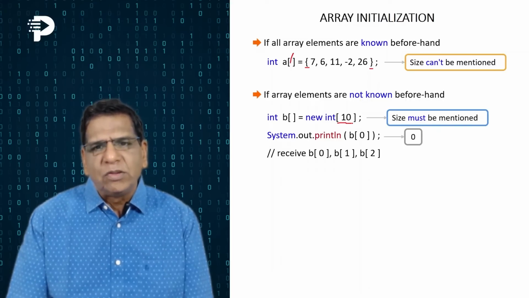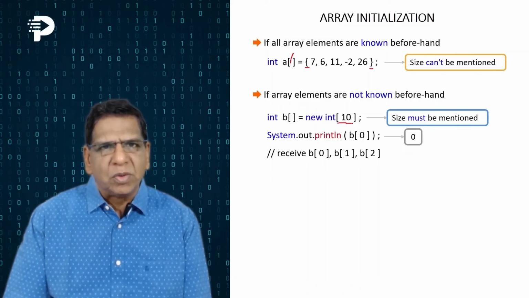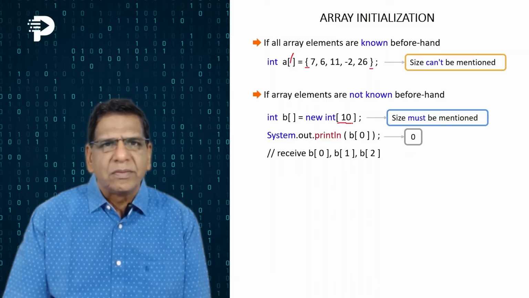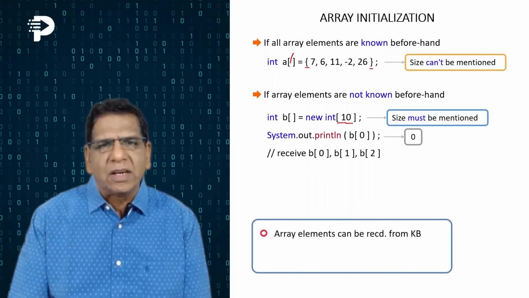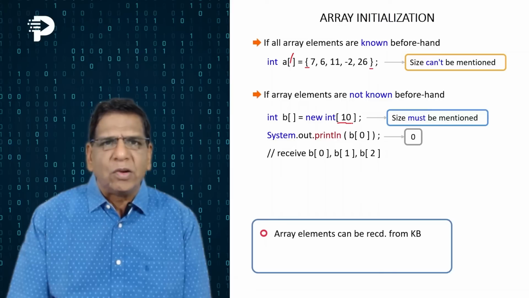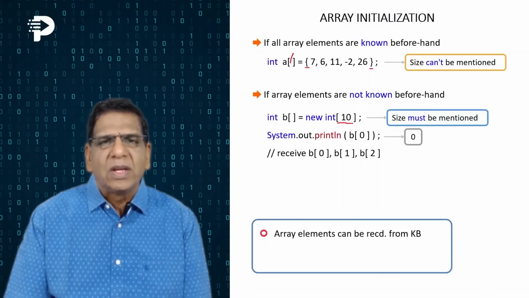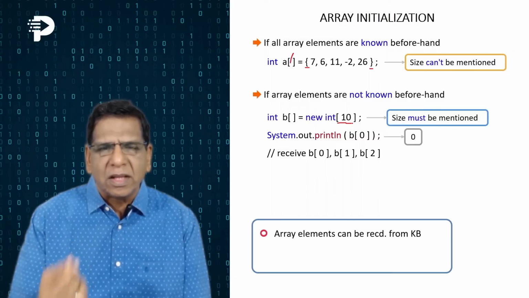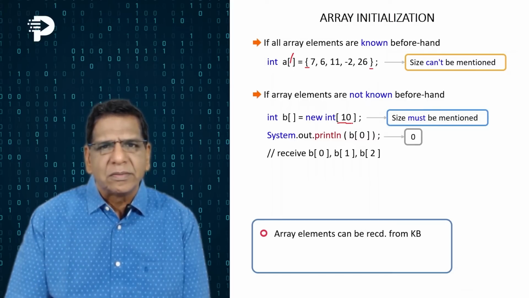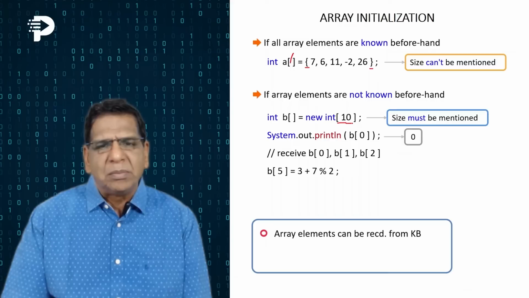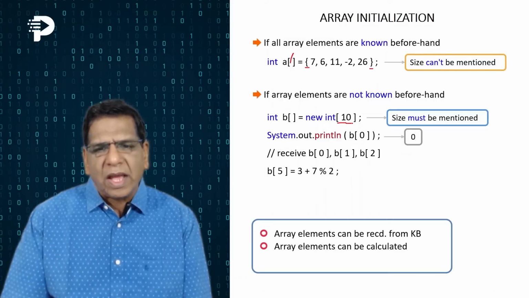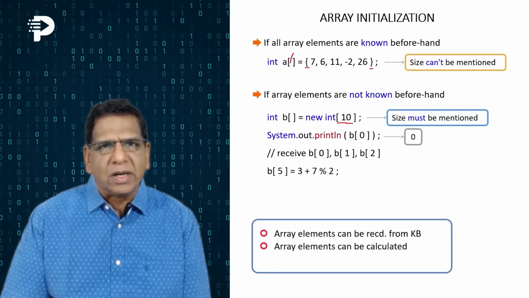I may receive b[0], b[1], b[2] from the keyboard. That is possible. Using the scanner object, we know we can always receive value into an integer variable. Same can be employed to receive the value into an array element where the element is an integer. Or I may say b[5] = 3 + 7 % 2, where array elements can be calculated.